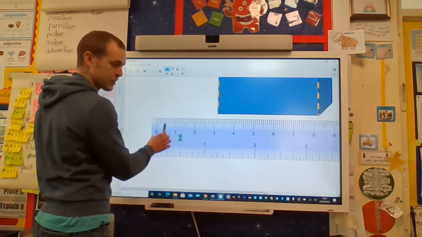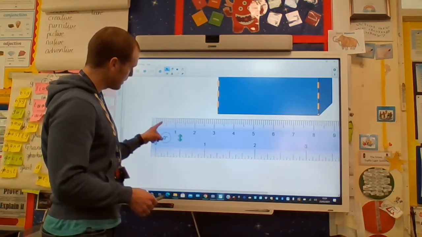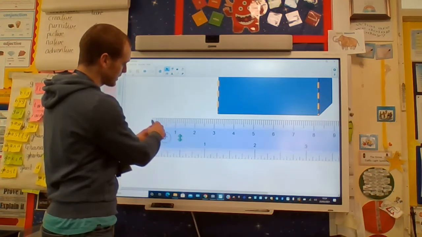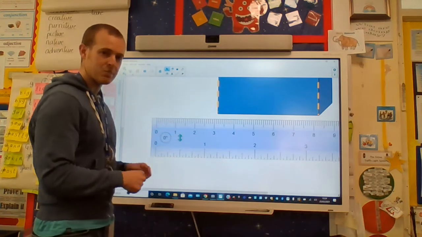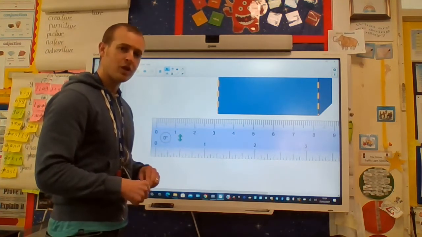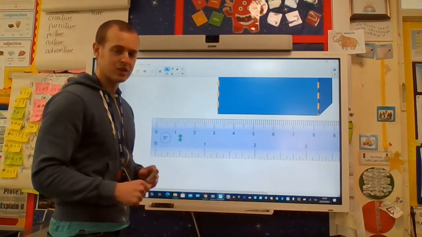These 10 little lines, what we call millimetres, okay? So each one of these is 1 millimetre. This is a centimetre, which is the same as 10 millimetres, okay? We'll look at a little bit more about that as we go through the week. Mainly today, we're going to focus on our centimetres, okay?